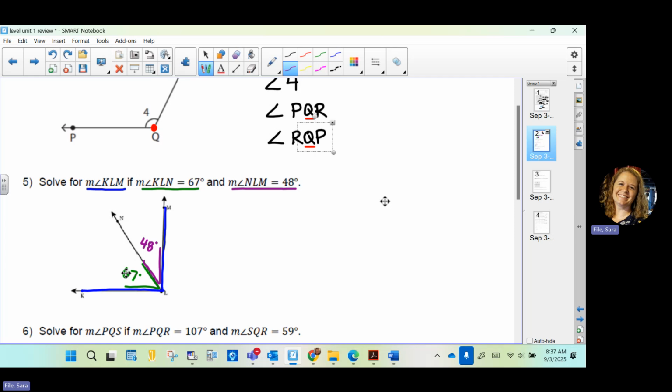So the 67 plus the 48 will give us this whole big angle that we're trying to find. So 67 plus 48 is 115. Okay, and it is an angle, so we will put the degree. That's our unit.